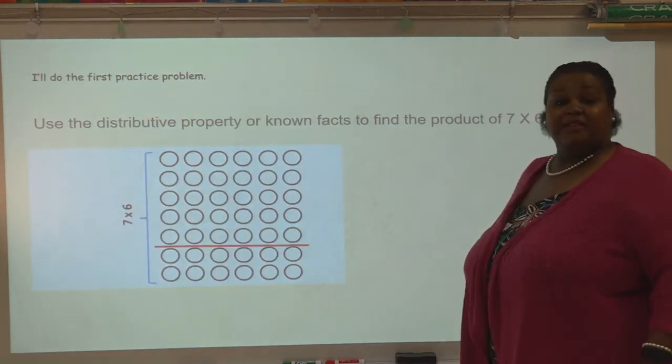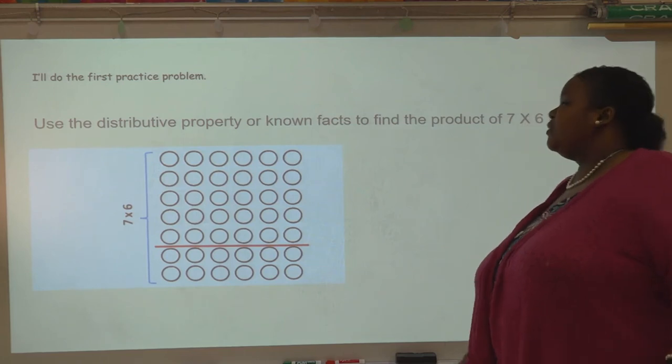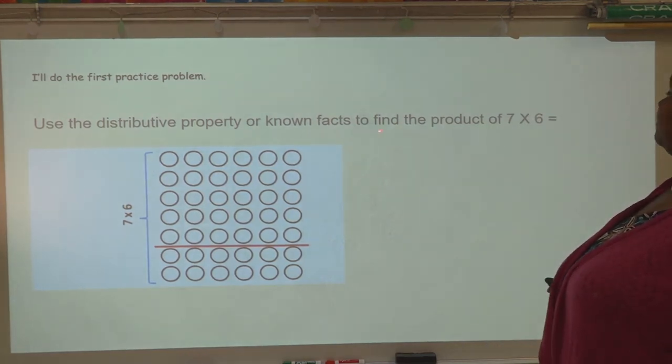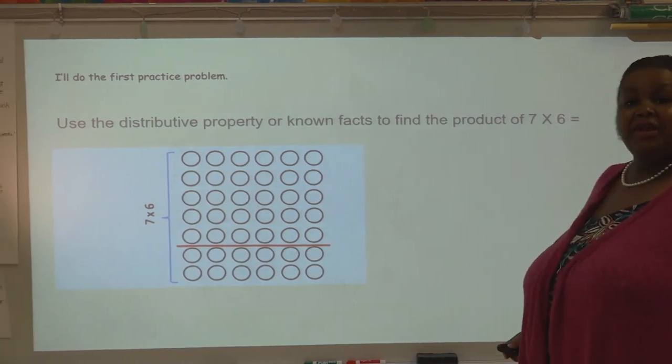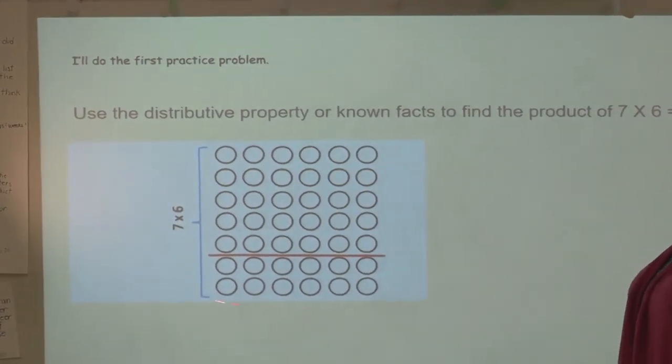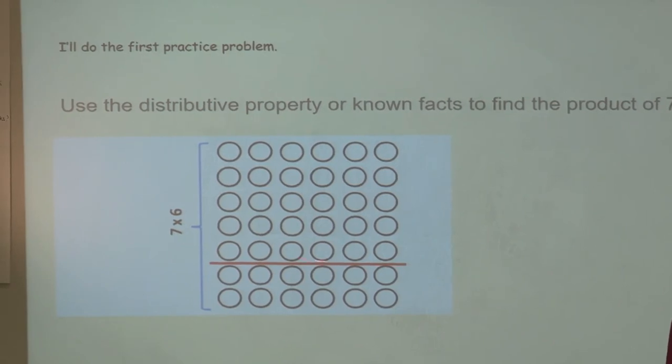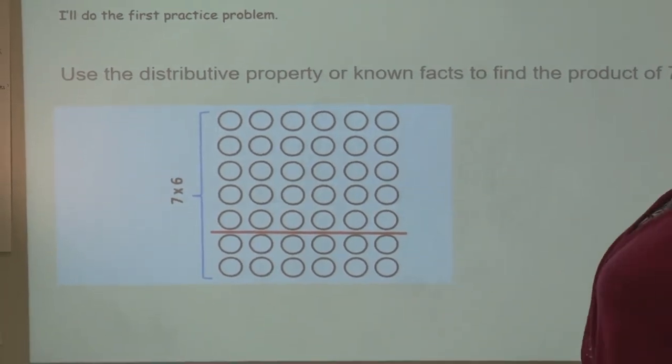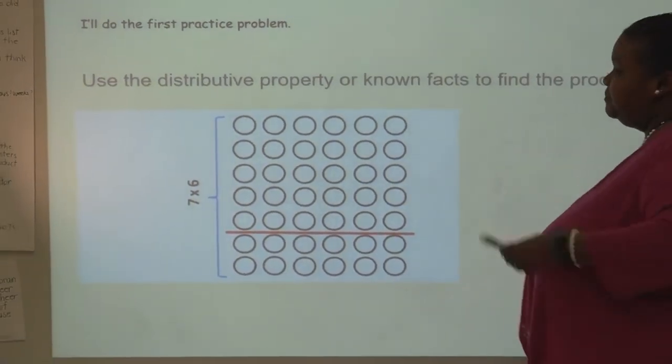I'll do the first practice problem. Use the distributive property or known facts to find the product of 7 times 6. I think I'm going to use the distributive property. It's already broken apart for me, and I'm going to use just that horizontal line.